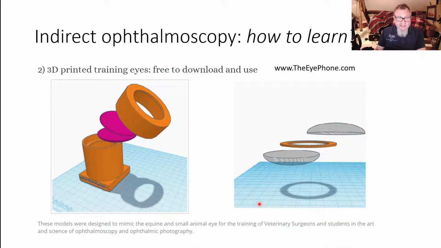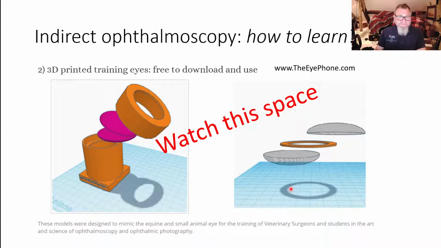We also designed some 3D printed training eyes, which you can print yourself if you have access to a 3D printer, or you can contact us, and they can be rented or purchased from myself. These allow us to practice both photographing and using our indirect lenses and direct ophthalmoscopes for imaging, not just the fundus, but lesions within the lens and on the surface of the eye as well.